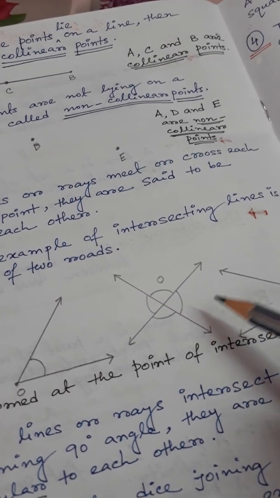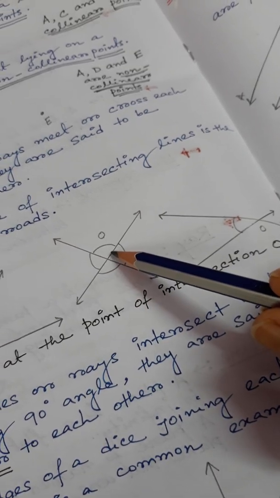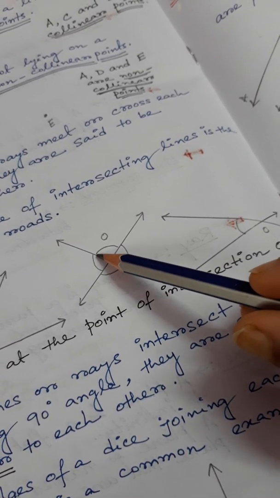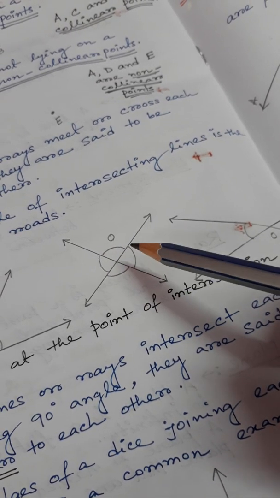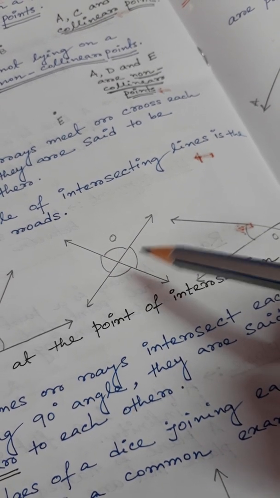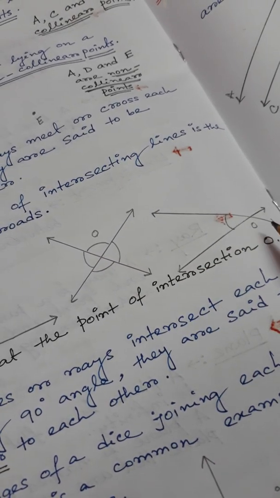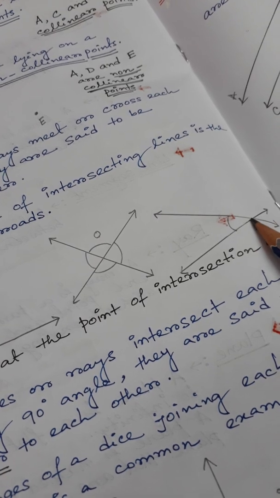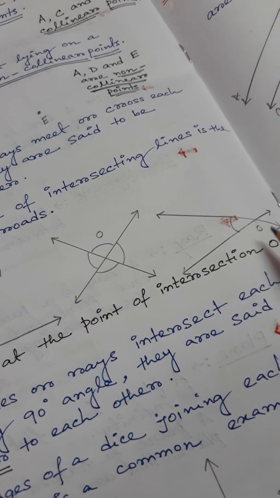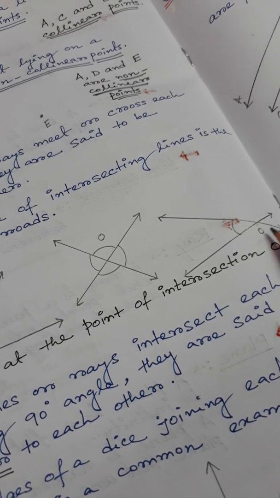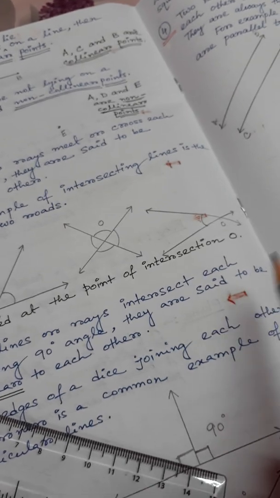So the angles are formed at the point of intersection O. You see this angle, this angle, this angle; these angles are formed at the point of intersection O. Here also two lines meet or cross each other. This point is the intersecting point, and I am denoting O as the intersecting point. So angles are formed at the point of intersection O.